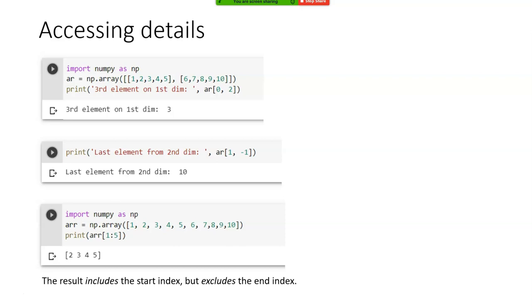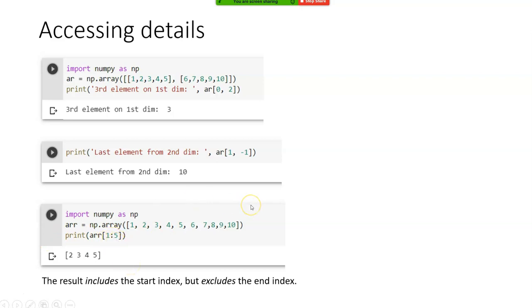And just like how we saw in creating arrays, you can access using the negative, that is from the last. So the last element from the second dimension, this is 10. We are trying to access this. And I can print the ones from 1 to 5.